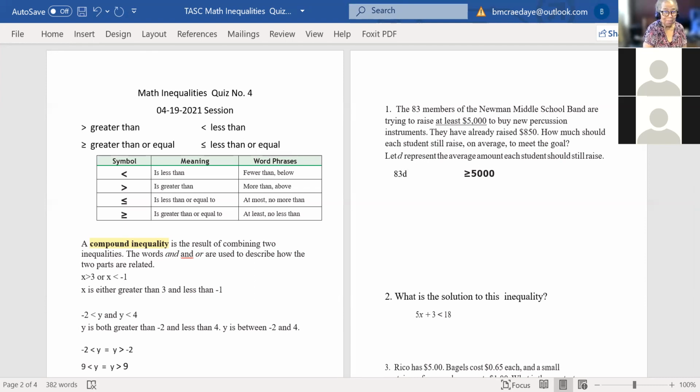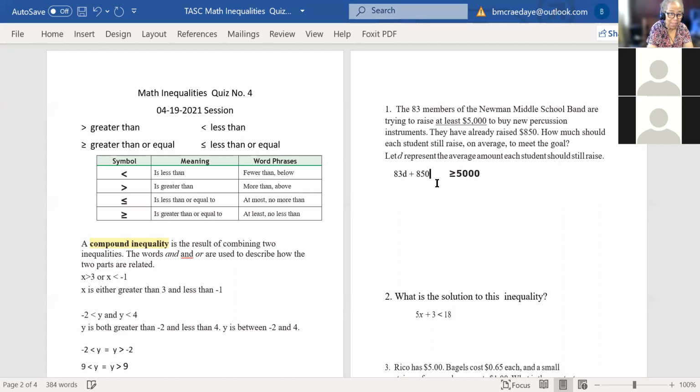Now, what have they raised so far? 850. Okay, so what do we do with that 850? You put plus 850. Okay, so now you've got your inequality.